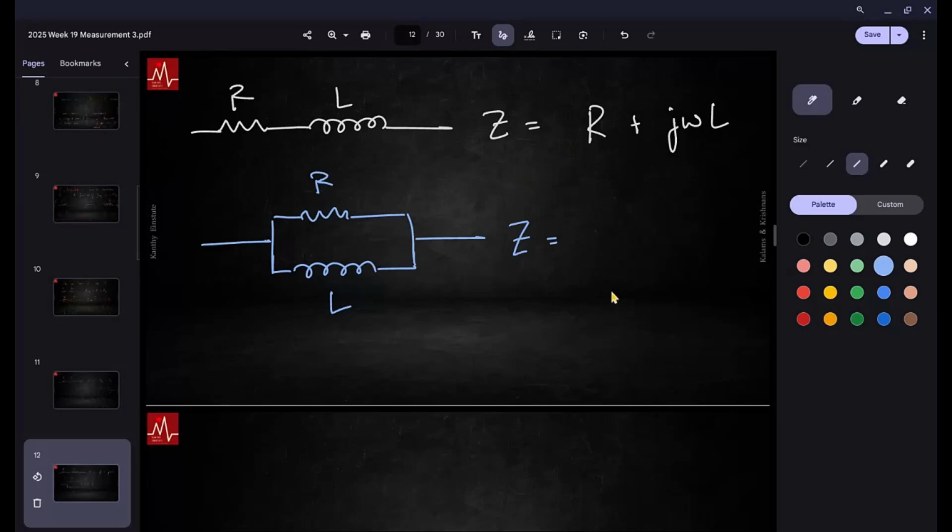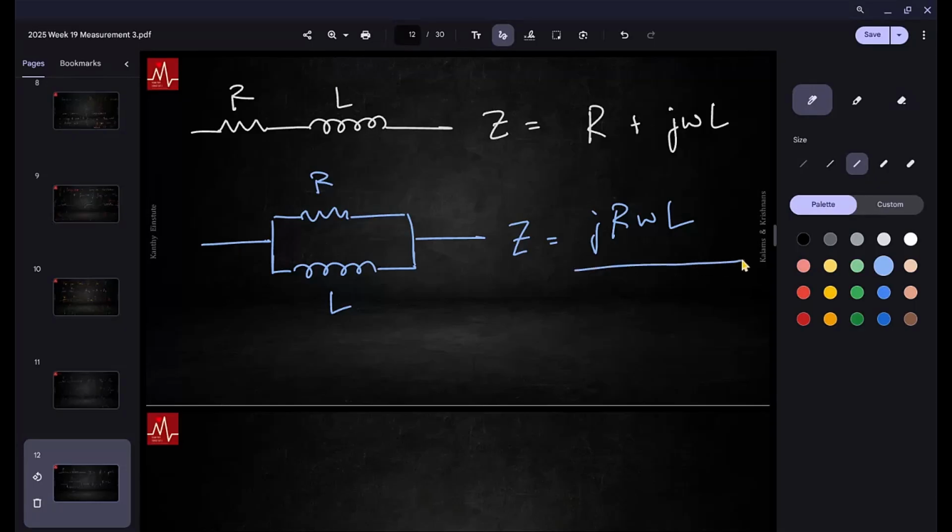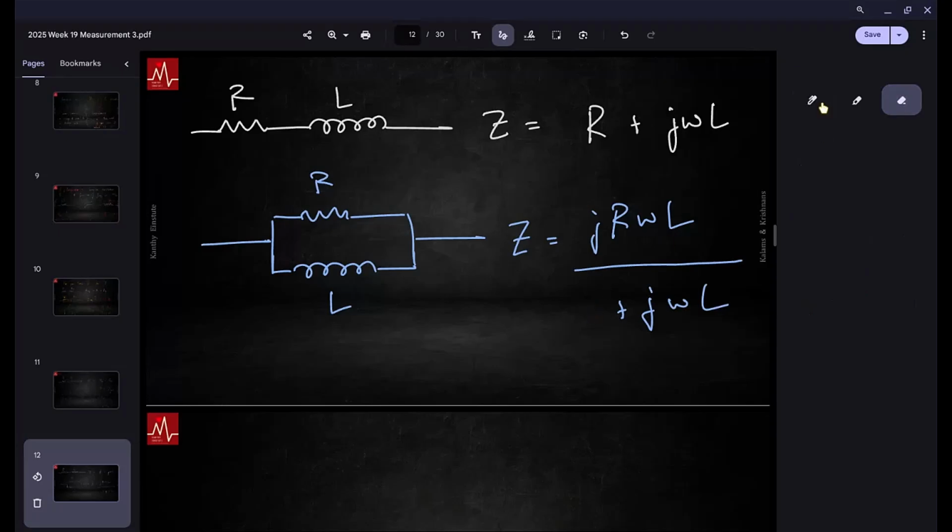How about this? Yeah, this is R. Write it, this plus. It's the impedance of this.